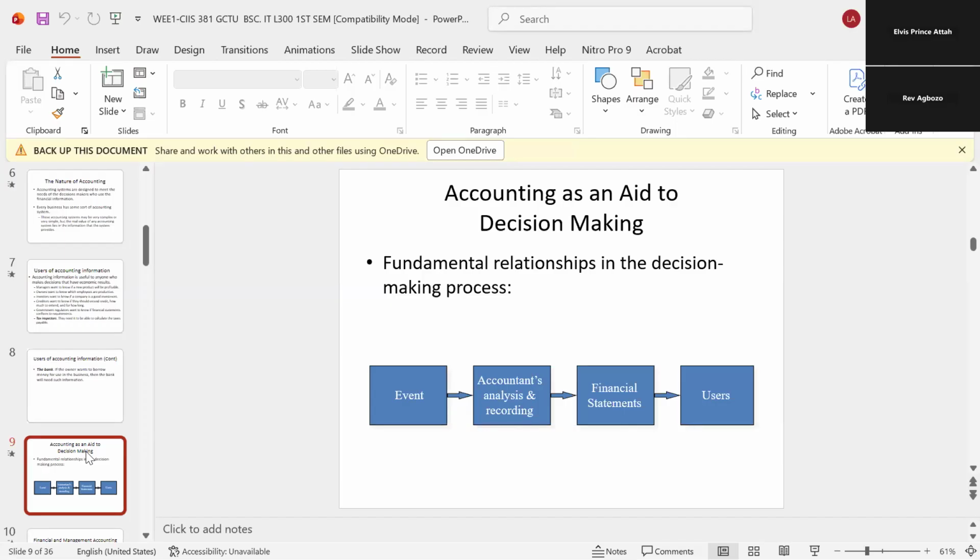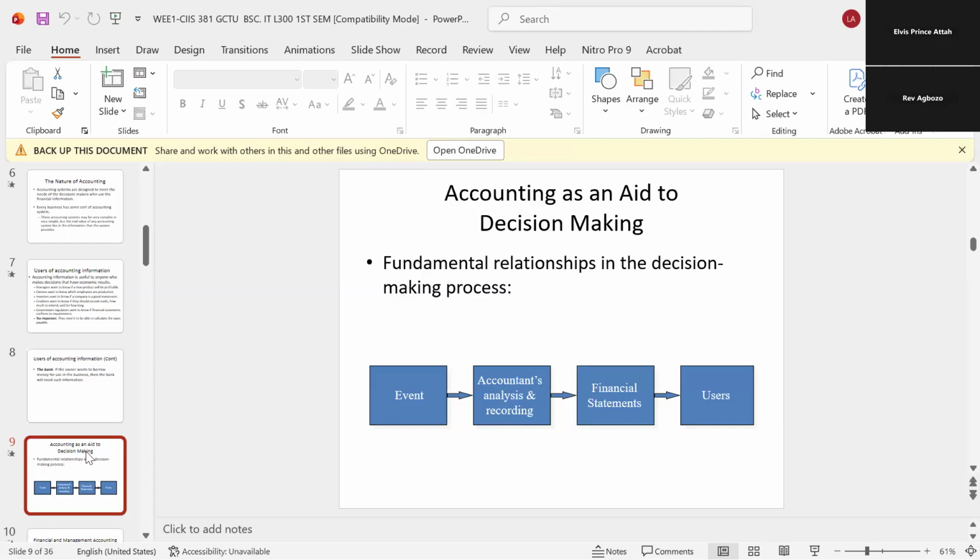This statement records the effect of a business, or it shows the resources that the business is having. It also shows the amount of money that has been invested into that business. And if the business is owing somebody, statement of financial position shows that information.